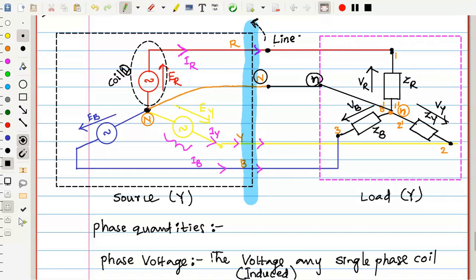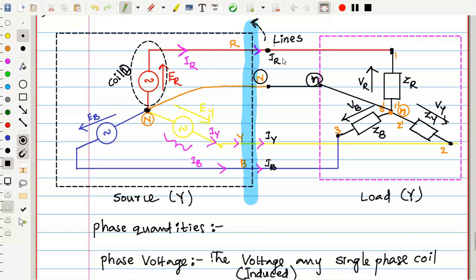These are lines. What are the lines? R phase line, Y phase line, B phase line. So the currents are referred to as R phase line current, Y phase line current, B phase line current. Try to understand the terminology.